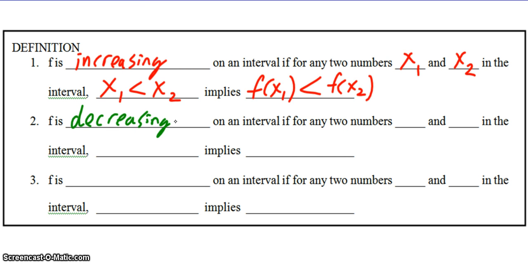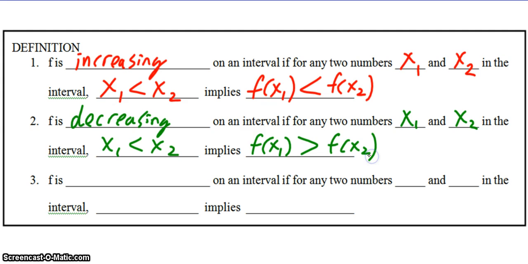So f is decreasing on an interval if for any two numbers, x1 and x2, in the interval, x1 is less than x2 implies that f of x1 is greater than f of x2.